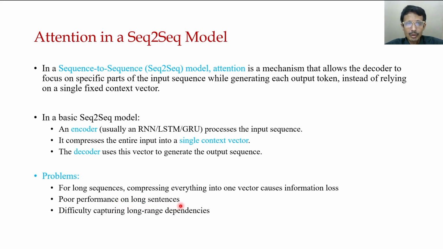It gives poor performance on longer sentences, because if the sentence is longer, it is very tough to compress all the information into a single context vector, and there is difficulty in capturing long-range dependencies.